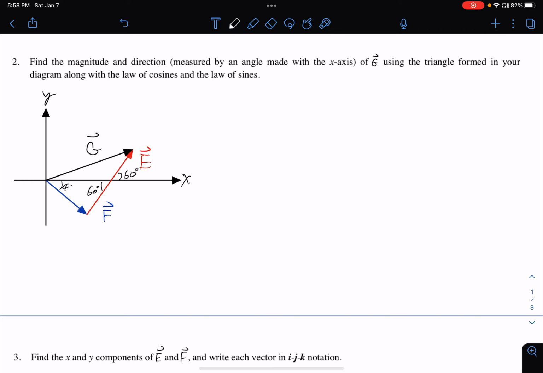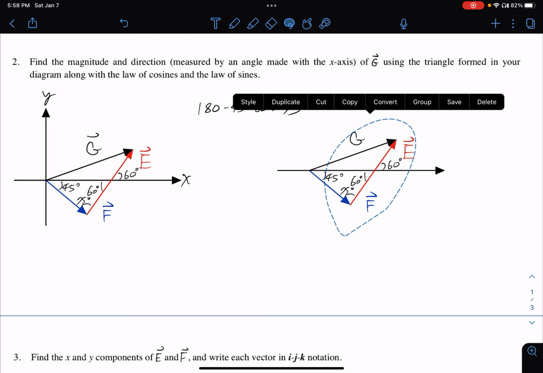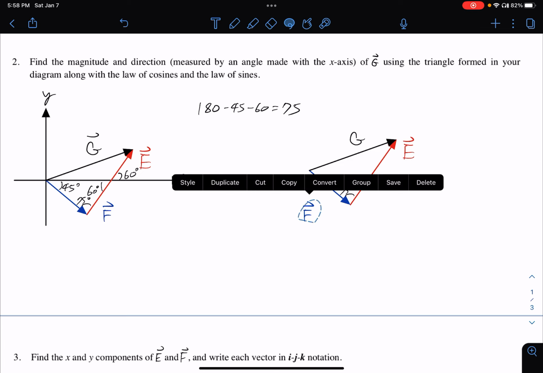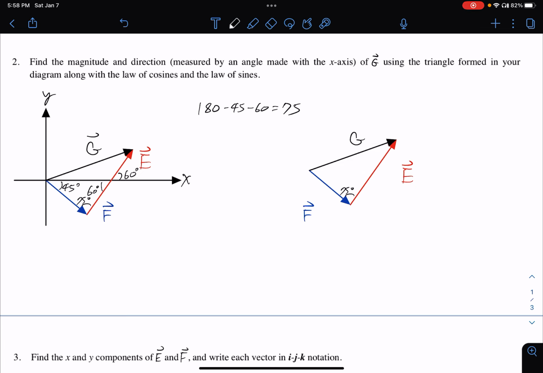Now, because this angle over here is 45 degrees, and the sum of the three angles inside a triangle should add up to 180 degrees, we can get that the angle over here will be 75 degrees. And therefore, we are looking at this triangle with a 75 degree angle over here, and the side lengths of the two sides, which are the magnitudes of E and F, were given by the problem statement.